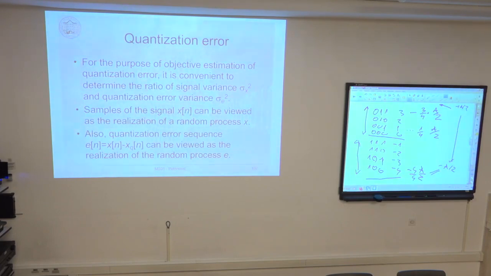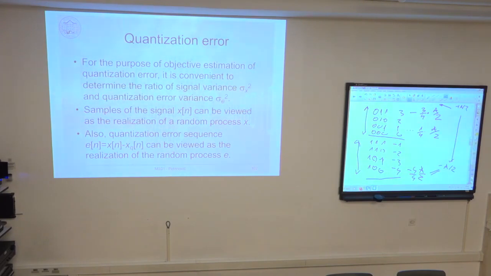We will treat this signal as a random signal. But not only the signal, the quantization error will also be treated as a random signal. And once we apply the theory of random signals and systems, we can easily find the variances of these random signals, the expected quadratic value of these random signals.